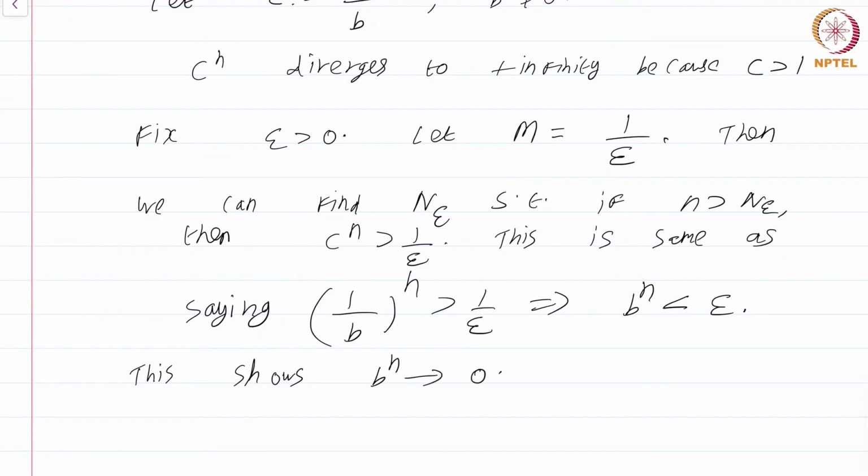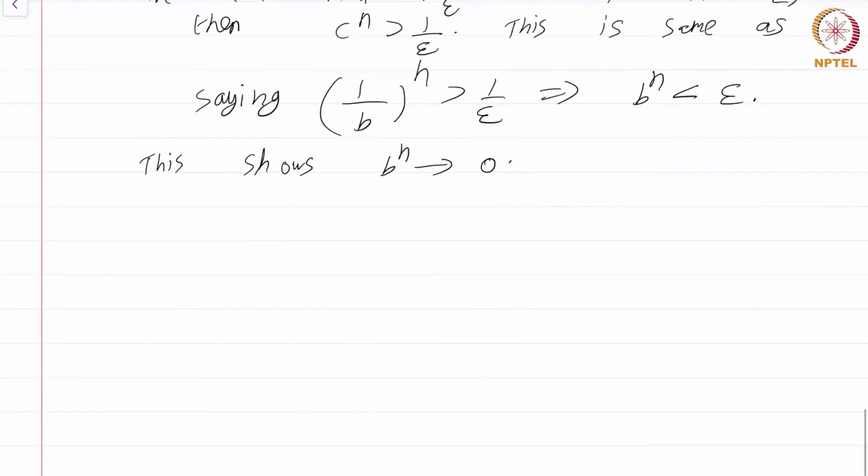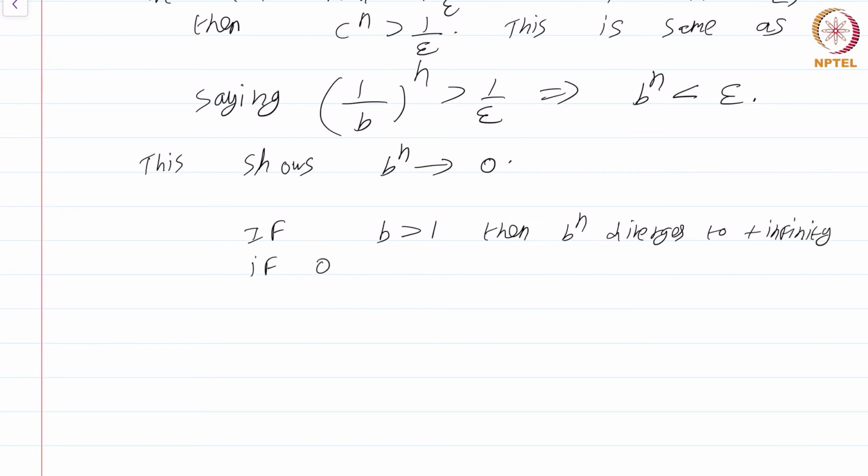Okay. Let me summarize what it is that we have shown. We have shown that if b is greater than 1, then b power n diverges to plus infinity. If 0 is less than or equal to b less than 1, then b power n converges to 0.